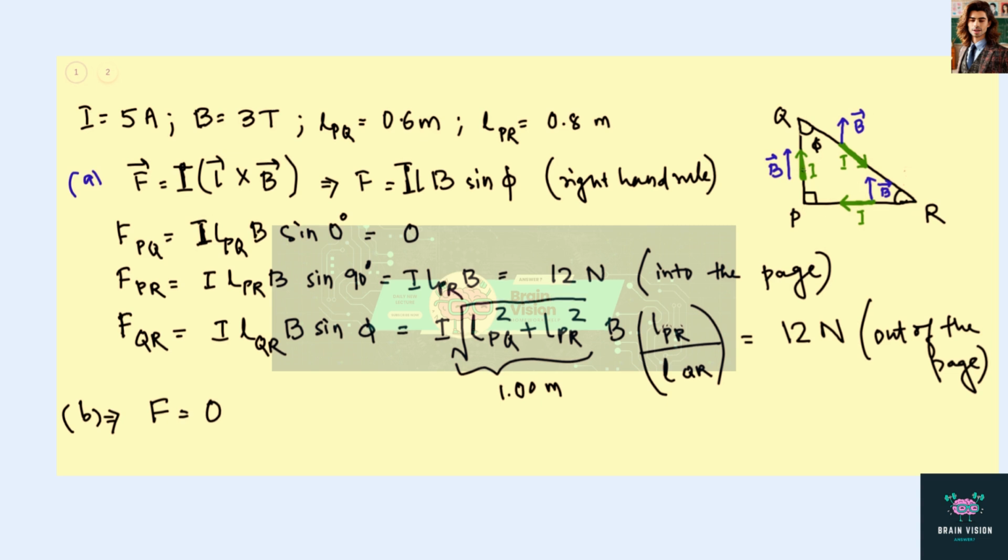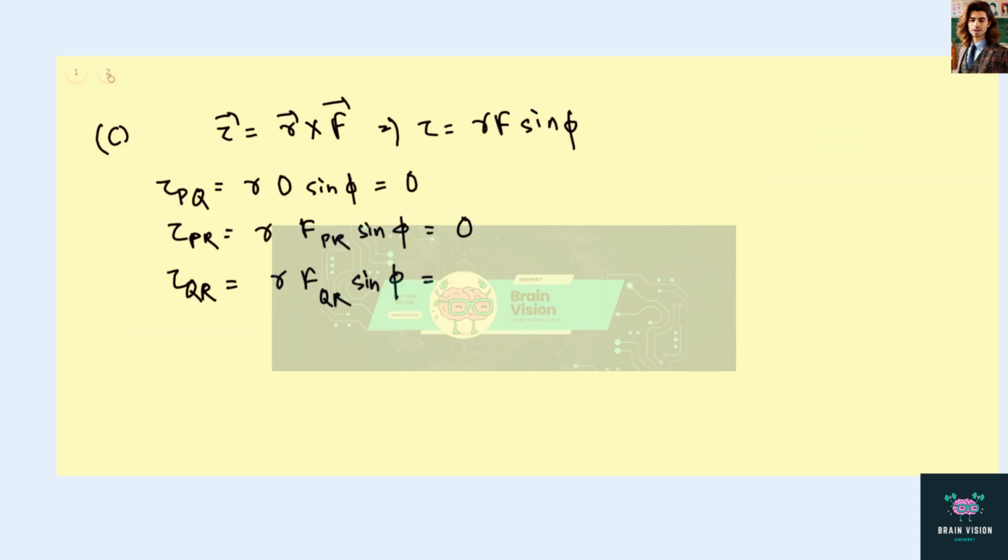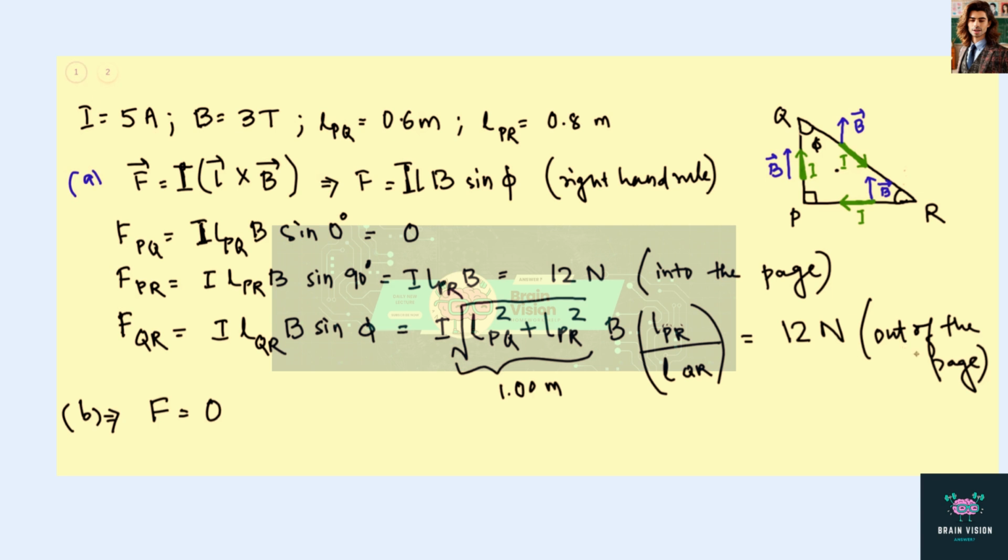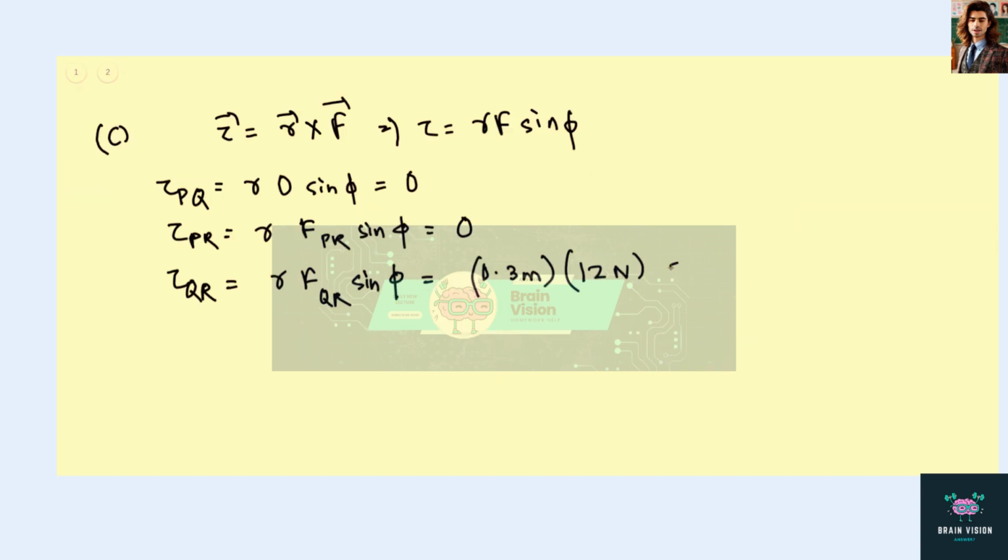That is going to be half of the distance of PQ, so that is equal to 0.3 meter. We found FQR to be 12 Newton, and it is out of the page, and R is on the plane of the page. So the angle between these two is going to be 90 degrees, and we get this value to be 3.6 Newton times meter.